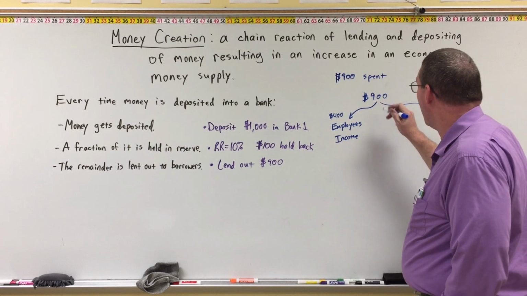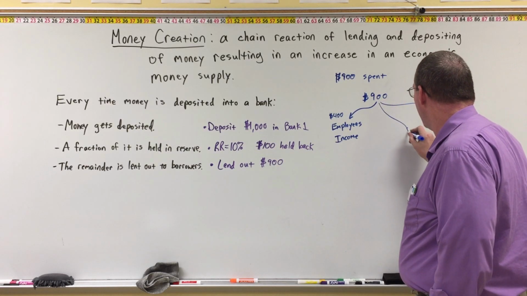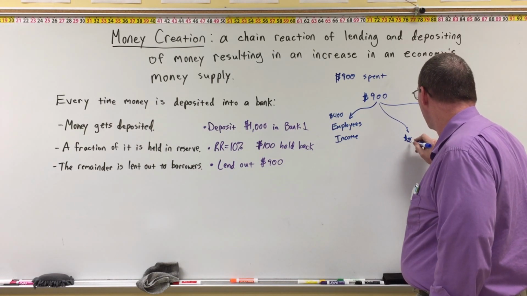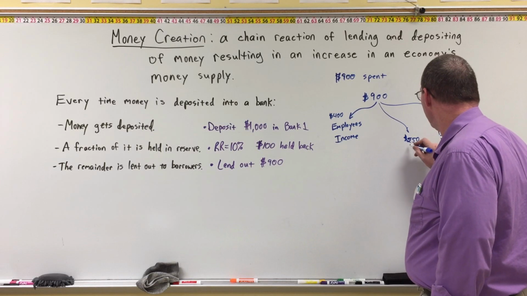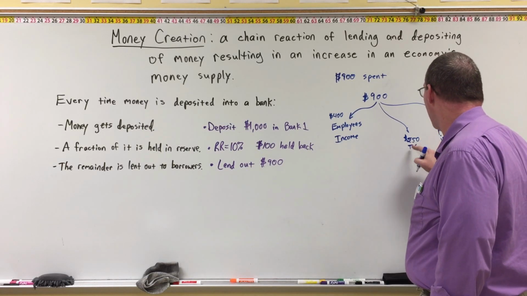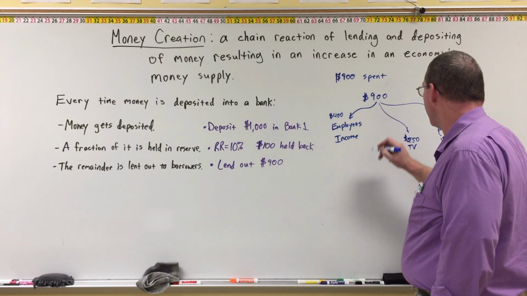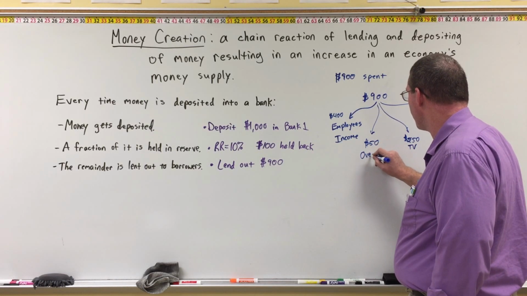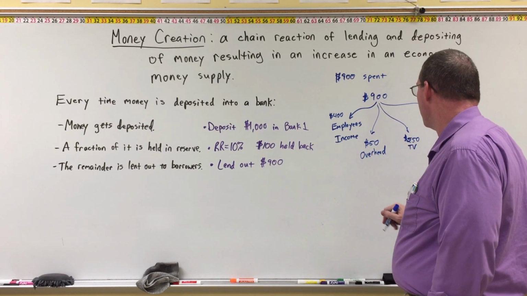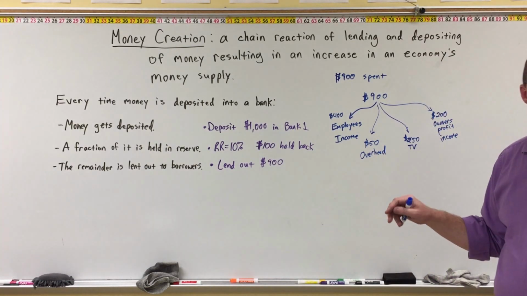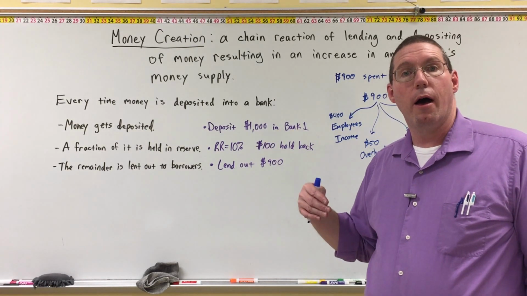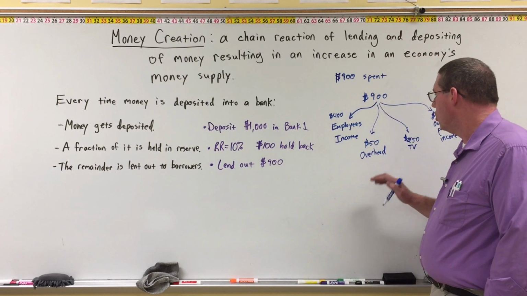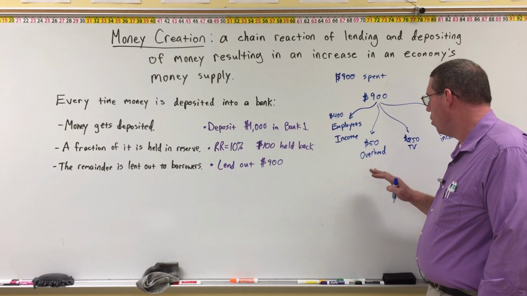Now, the other $300, let's say that $250 of it went to buy the TV, because the company had to buy the TV from someone else before they could sell it. And then $50 went to overhead costs. The overhead costs are all going to other companies that provided services like rent, pens and pencils, or electricity.